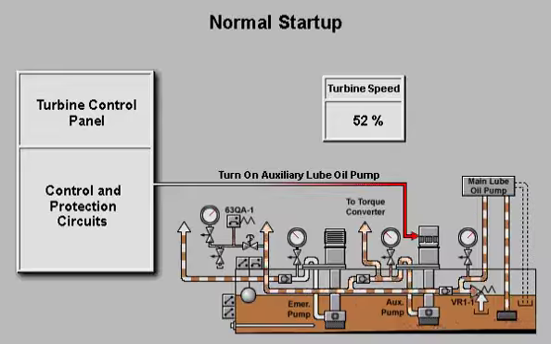As long as AC power is available, the auxiliary pump supplies oil throughout the lube oil system until the turbine reaches approximately 95% speed. At this point, the control system shuts off the auxiliary lube oil pump and lube oil pressure is maintained by the main lube oil pump.